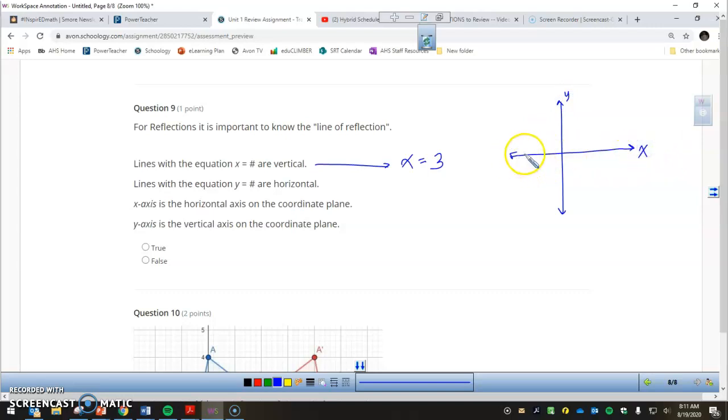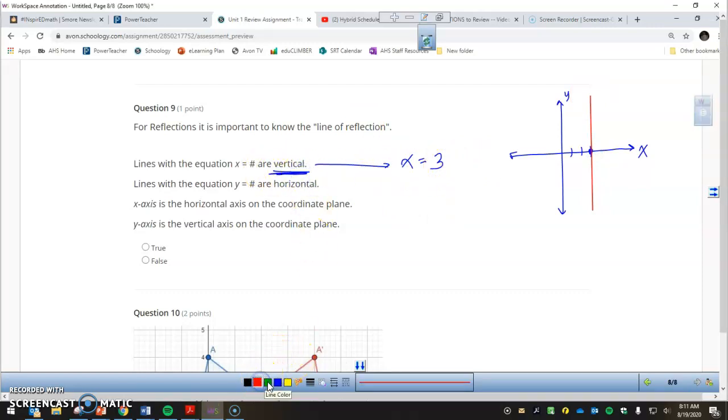What it's saying is that this line is always at 1, 2, 3. It's always at 3 on the x-axis. That means it does not move left or right at all. So what they're talking about is just the line that moves up or down through 3 on the x-coordinate. So that's why x equals a number is vertical.